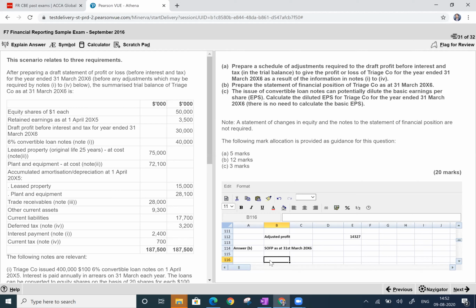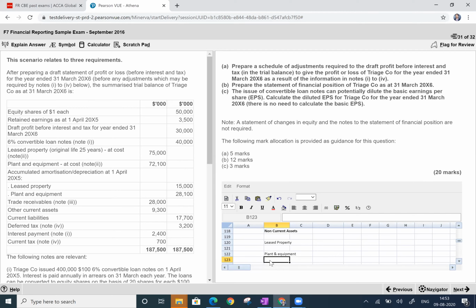So we'll start with non-current assets. I'm going to start with assets. The format doesn't matter. I'm writing assets, then non-current assets. If you're not writing this, also no issues. If you don't have time, start with the first thing itself, leased property, then plant and equipment. What else do you need? That's it.